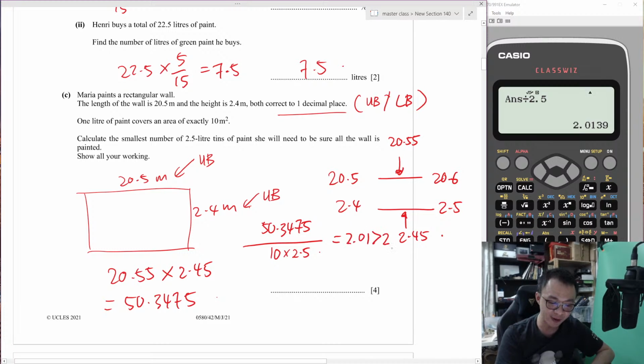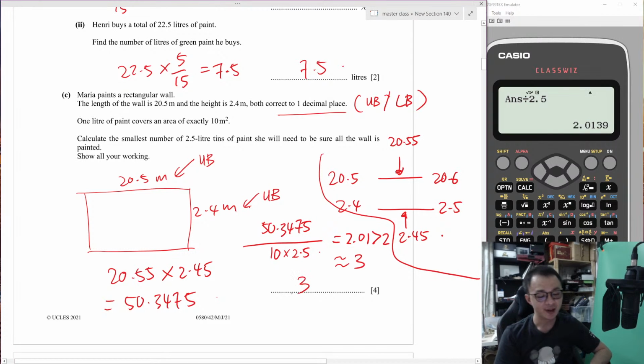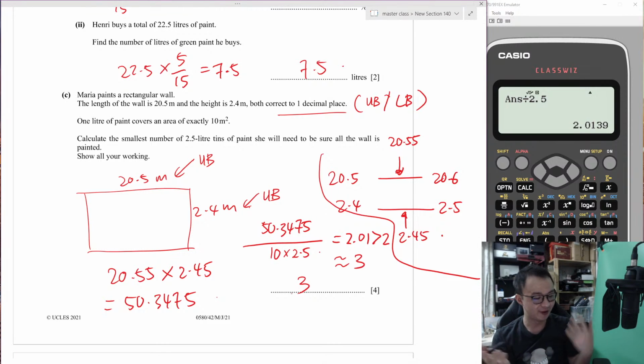It's more than 2, isn't it? So the closest one will be 3. It's a bit messy, but I hope you can see. So she will need to buy 3 tins, because 2 tins can only cover 5 liters, but I need slightly more than 5 liters.